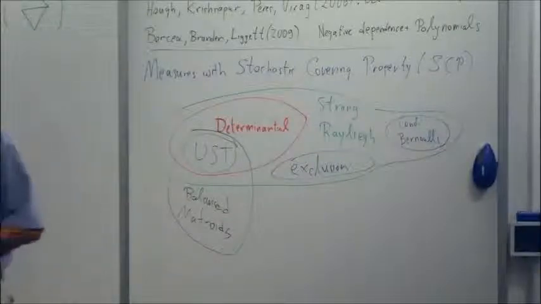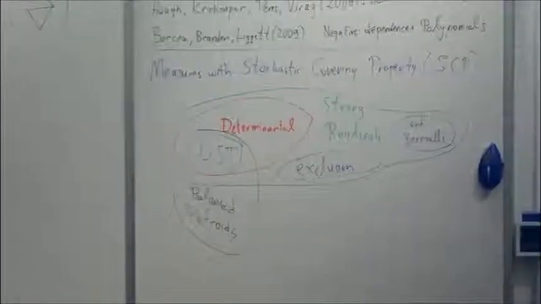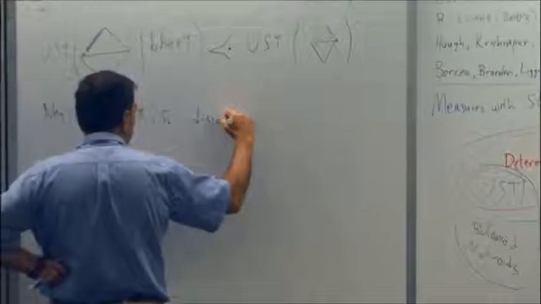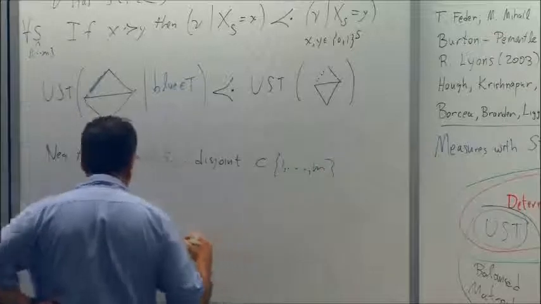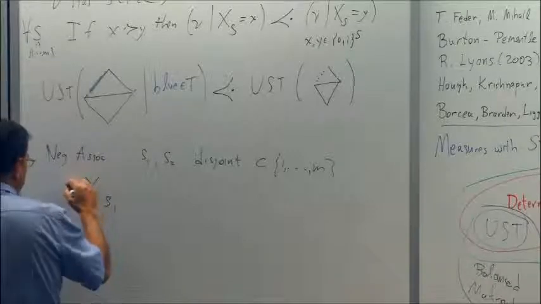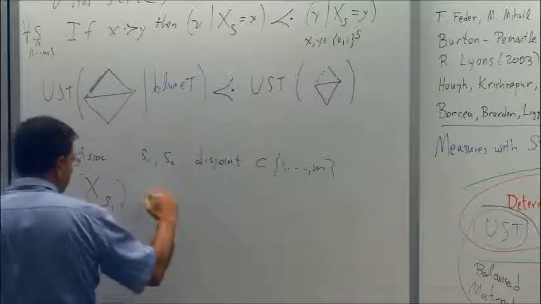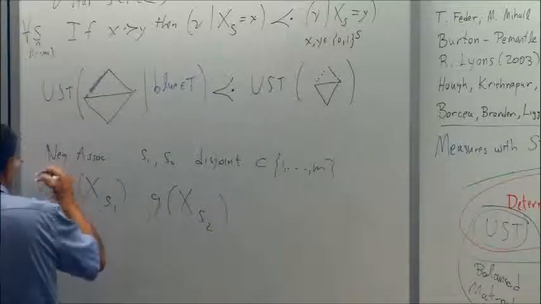Did you define negative association? I didn't. I'm not explicitly using it, but let's still define it. Negative association for the variables means that if S1, S2 are disjoint subsets of the index set, then f of X restricted to S1 and g of X restricted to S2 are negatively correlated.